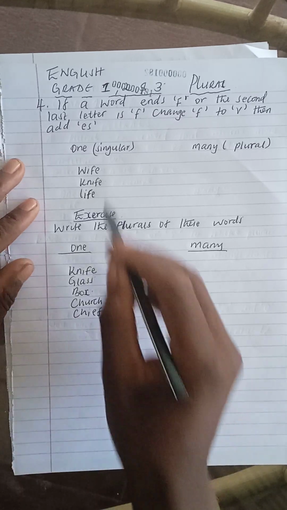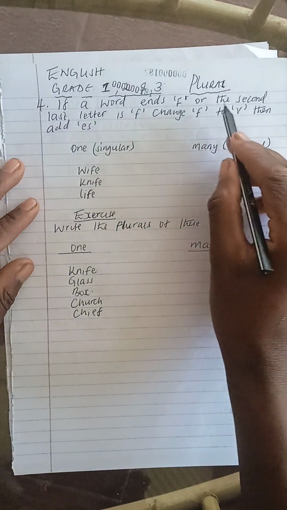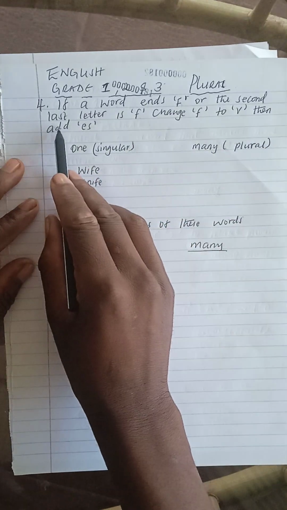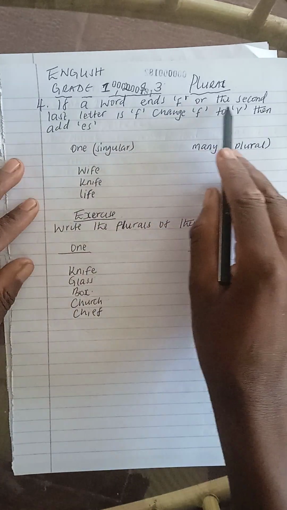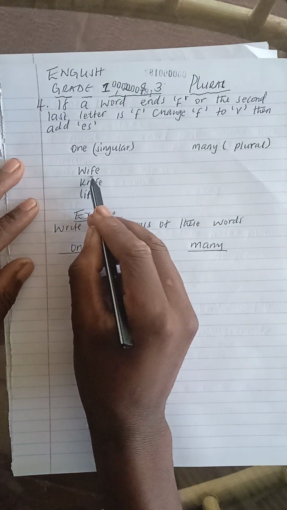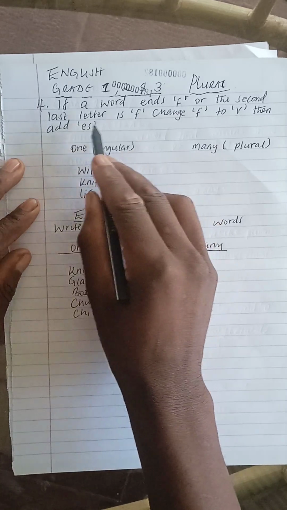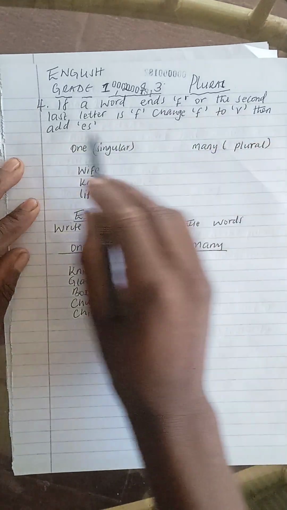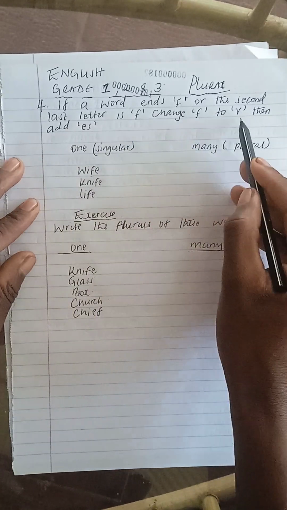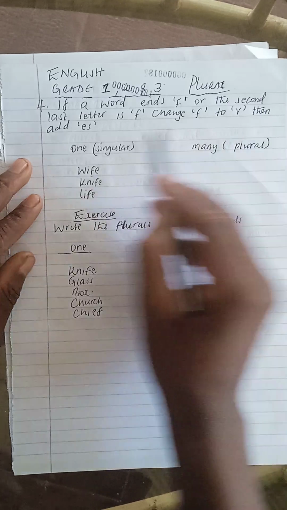Now they are saying, if a word ends with the letter F, like this one, or the second last letter is F, you can see here the second last letter is F. You change this letter F to V, then you add ES.